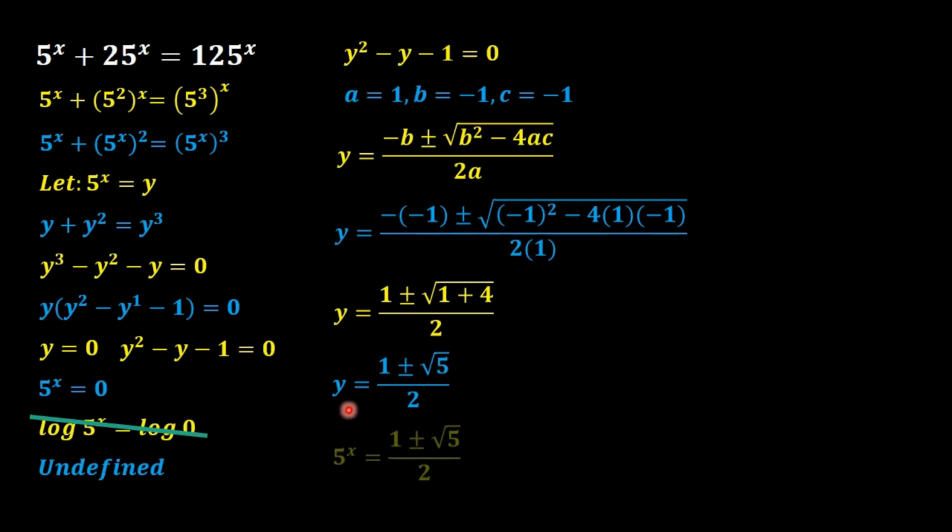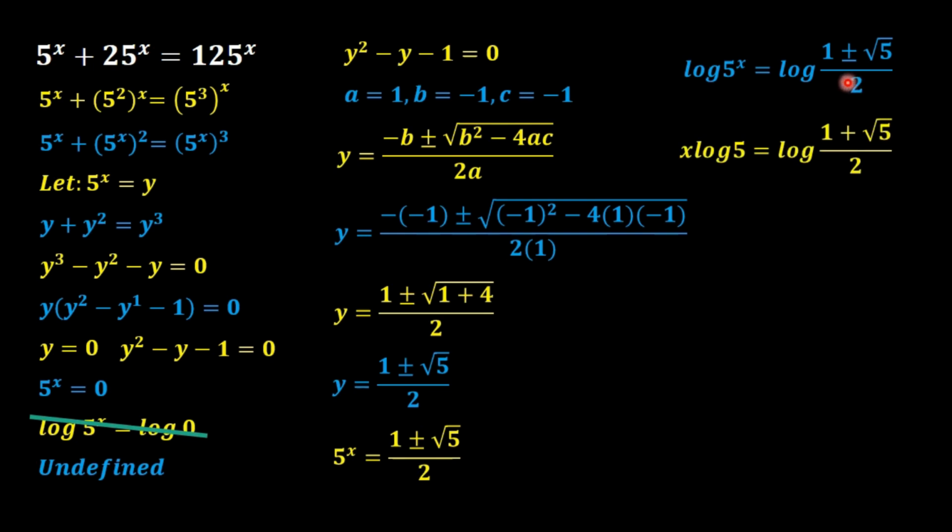And as we know that y is equal to 5^x, so here we replace y with 5^x and the entire value will remain the same. Now we should solve this for the value of x, and by using log we should solve this expression. As a result, we apply the log on both sides of the equation, and we should get log 5^x equal to log of (1 plus minus the square root of 5) over 2.